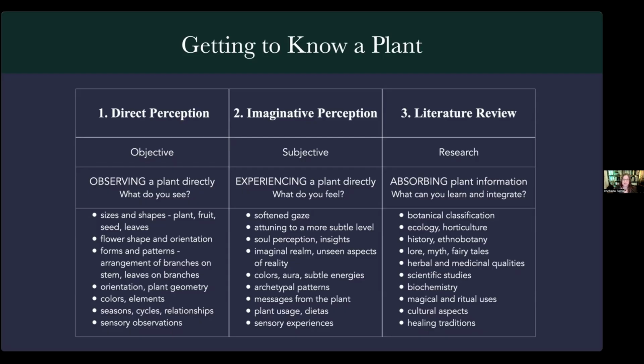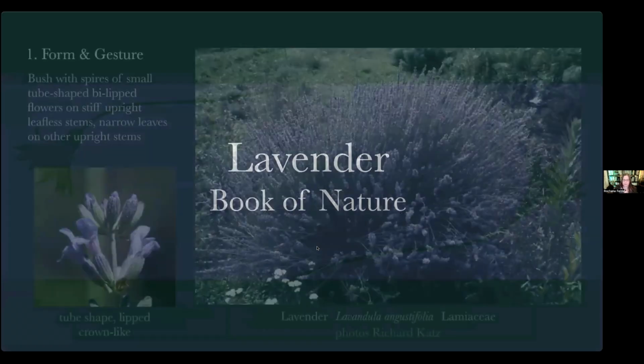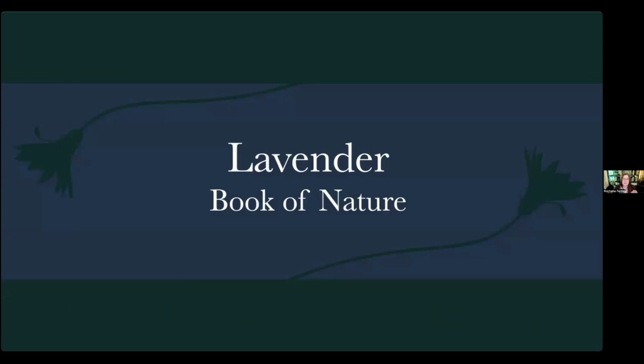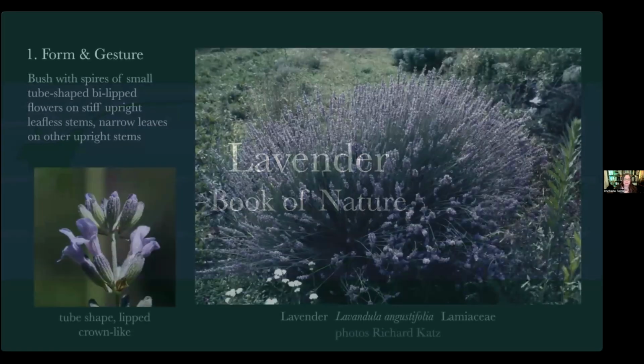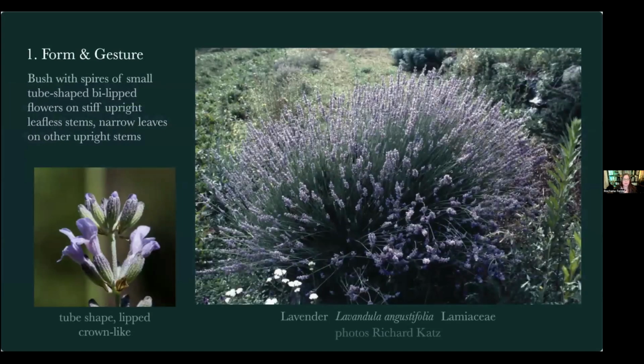So to bring it all together, I want to just take one plant through all of the windows so we can quickly just see how it can come together. And in the first one, the form and gesture, the lavender is a bush.